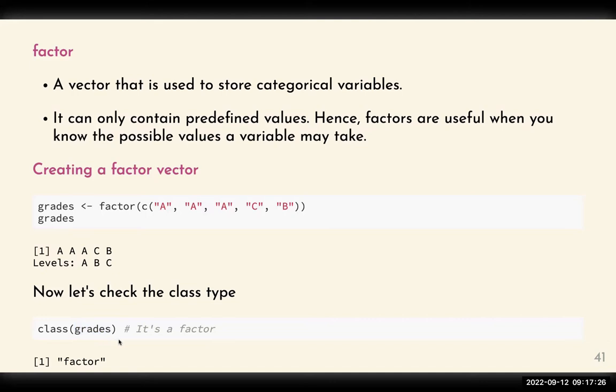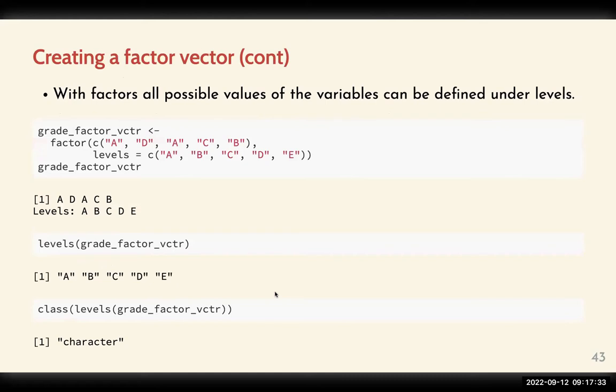Factors can take only fixed and known set of possible values. They are called factor levels. You can see the possible levels of a factor through the levels command. Both numerical and character variables can be converted into factors. However, factor levels will always be character values.